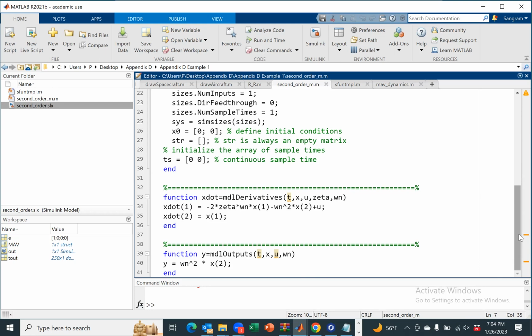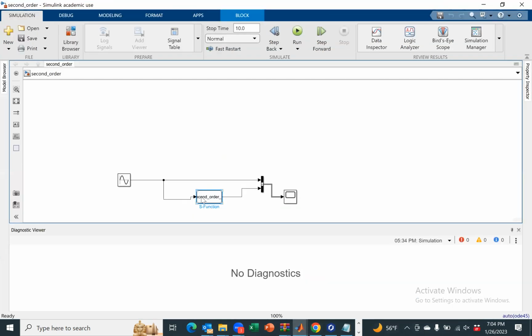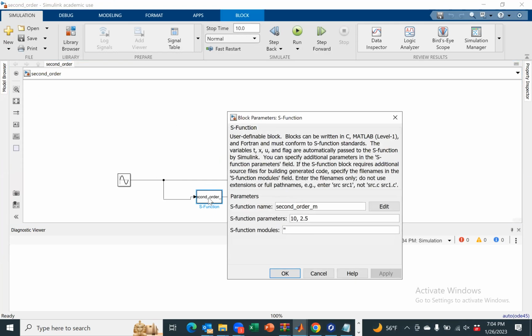Now what you should do is go to Simulink and supply a sinusoidal input. This sinusoidal input is plotted onto this scope block, and this is the second order function.